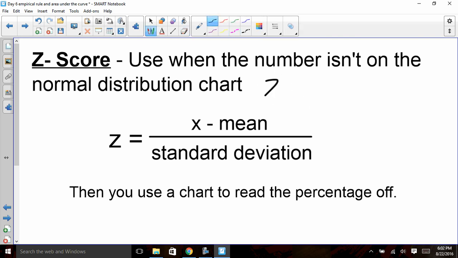I'm going to call that my z chart. So if I ever refer to my z chart, that's what I'm talking about. So if you want to label that, you're more than welcome to. So to find that number, to look at my z chart, I'm going to take the number I'm looking for minus the mean I'm given, divided by my standard deviation. And then I'm going to look for that number on my z chart.